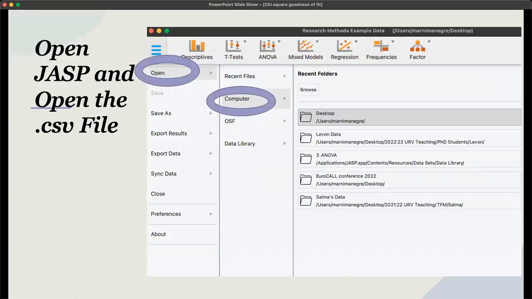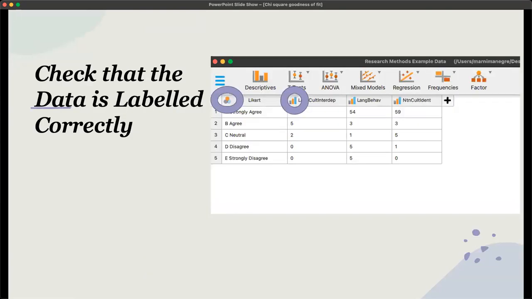First, once you have the data in Excel, you're going to open JASP, go to computer, and figure out where the data is. Notice here how the data is labeled. Now, for the Likert, we have strongly agree, agree, neutral, disagree, and strongly disagree, for each of these statements, so this one would be cultural interdependence, language behavior, and cultural identity.